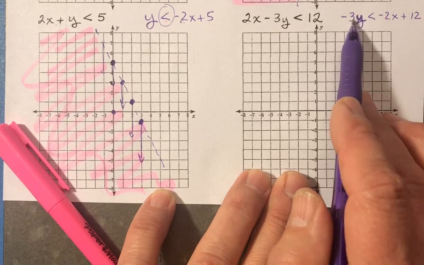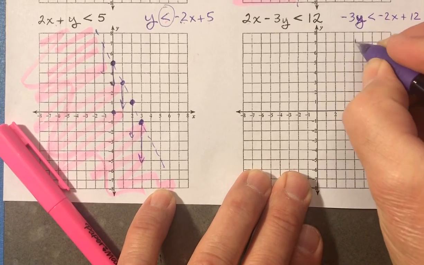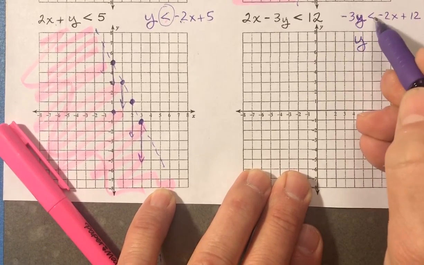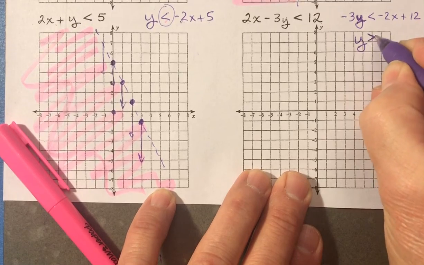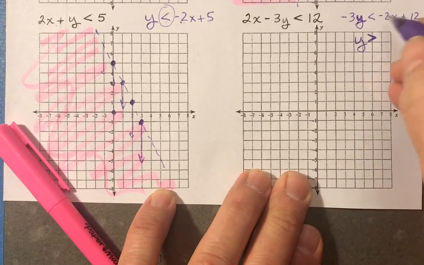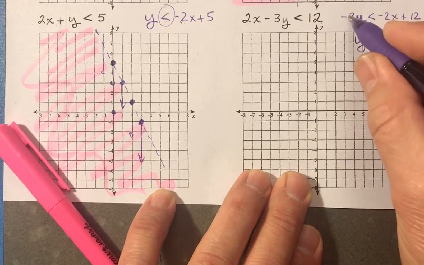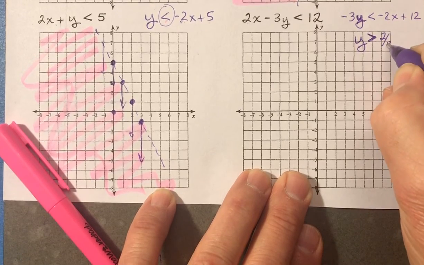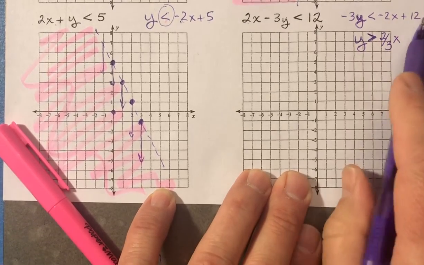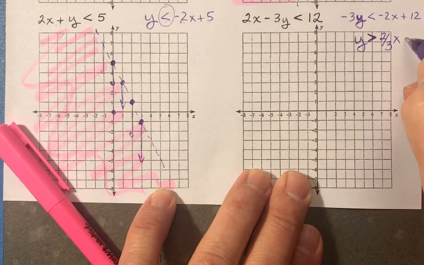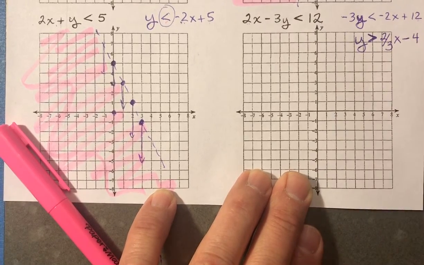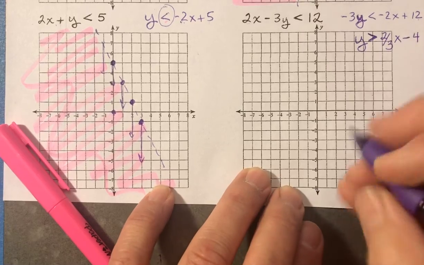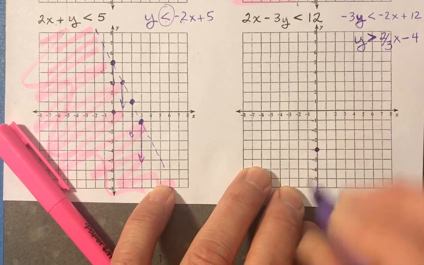Now I'm going to divide by negative 3. And when you divide by a negative, you have to reverse the inequality. A negative divided by a negative is positive. And when I divide 12 by negative 3, I get minus 4. And so negative 4 is my intercept.